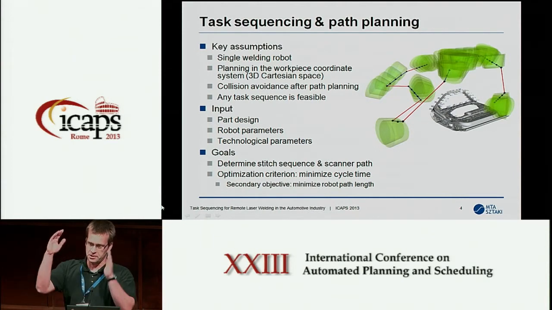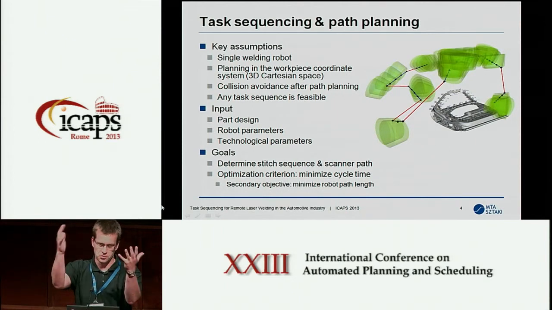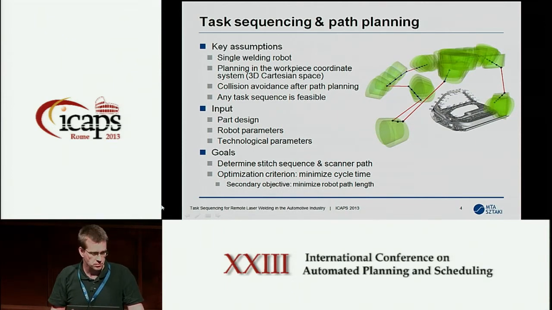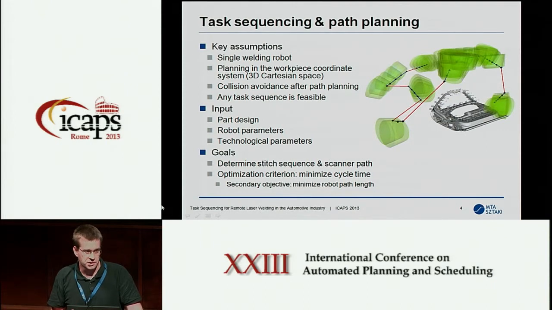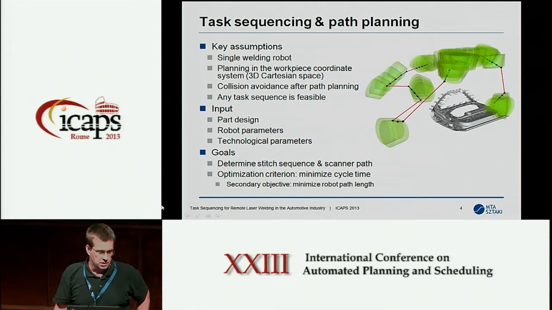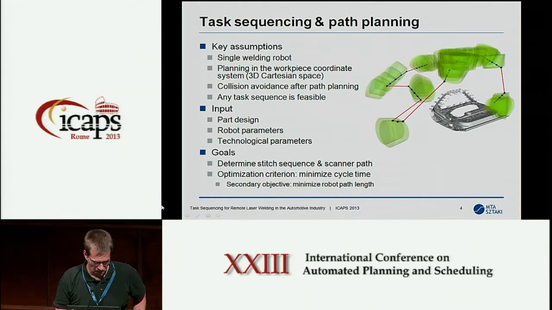So these 2 together, the inclination angle and the focus range, define a truncated cone for each welding stitch. And then the robot path is a trajectory in the 3D space that spends sufficient time in each such truncated cone to process the corresponding welds. Our objective is minimizing the cycle time, and we also have a secondary objective of minimizing the path length. So basically, just to eliminate unnecessary zigzags or minimize jerks.